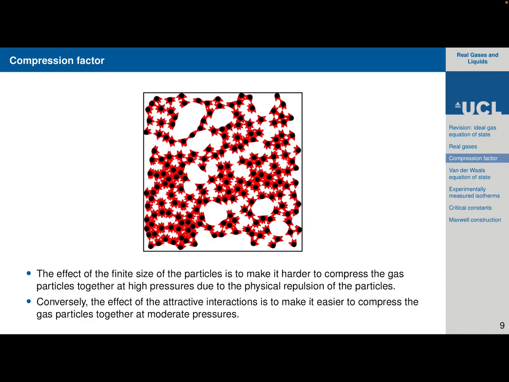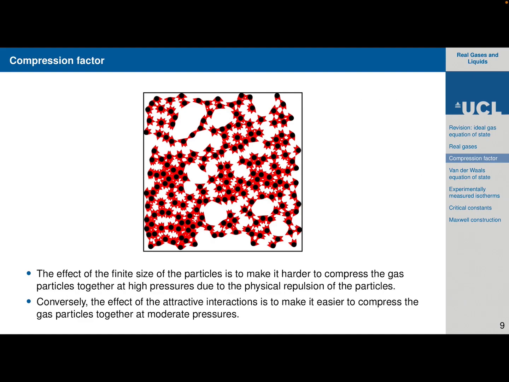And the ultimate limit is, of course, when the pressure becomes so high that all the molecules are pushing up against one another, and this is when we're getting into the liquid and the solid regimes.